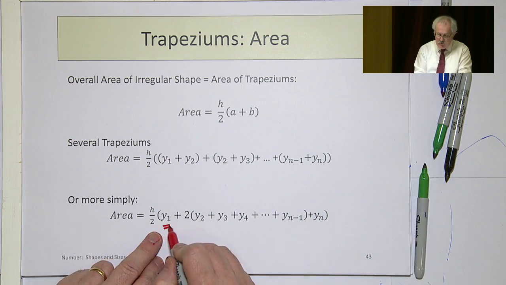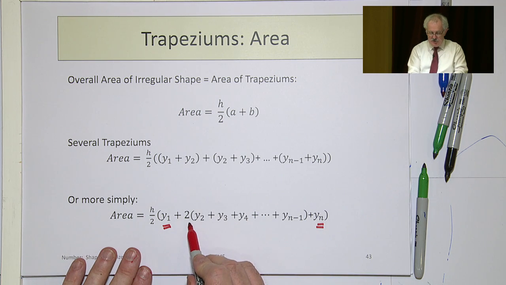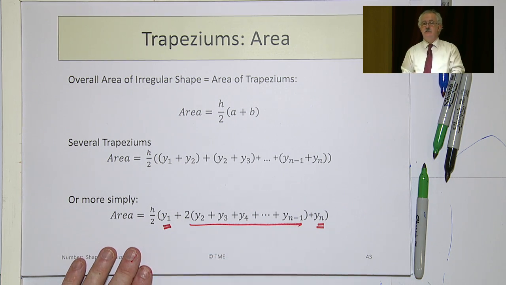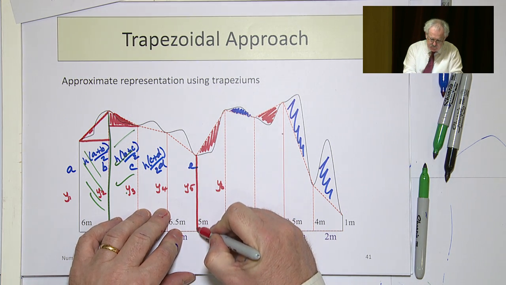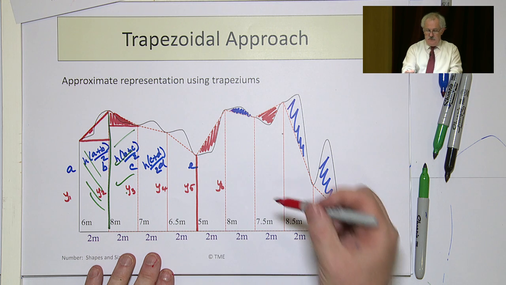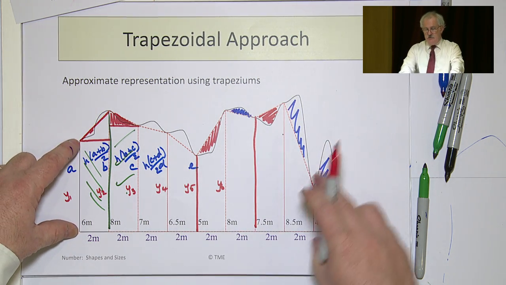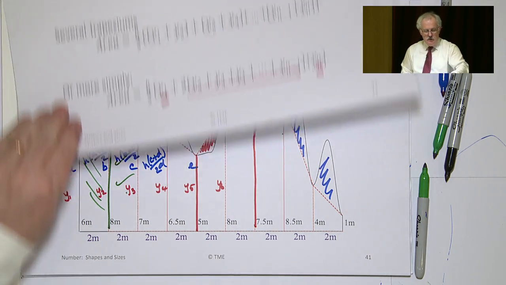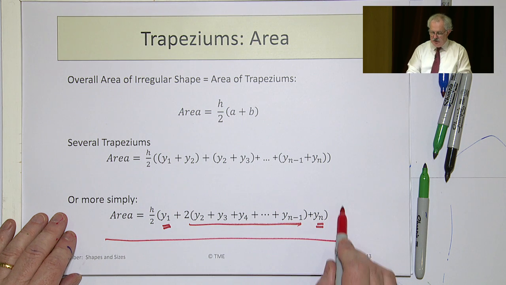The first one, the last one are on their own, and the others are in there twice. Because this number here is used for this trapezium and this one. They're all used for the one to the left and to the right of them, except the ones on the end. So if you have several trapeziums, or more simply, that's the equation.